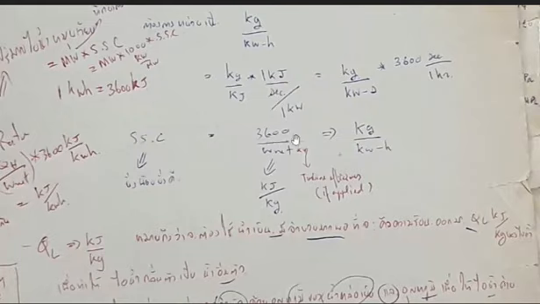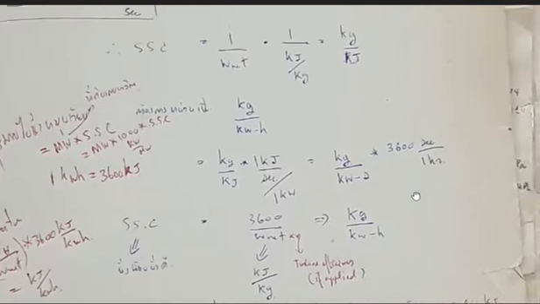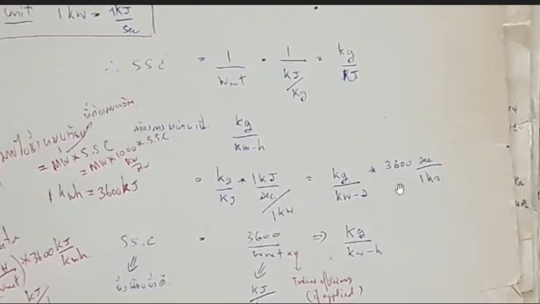The 3,600 is just to make the unit what we want it to be, kilogram per kilowatt hour, because if we just divide 1 by work net, we will get kilogram per kilojoule, which is not exactly what we want.